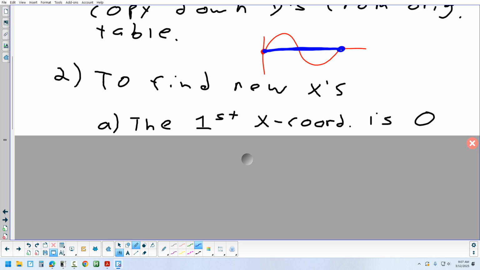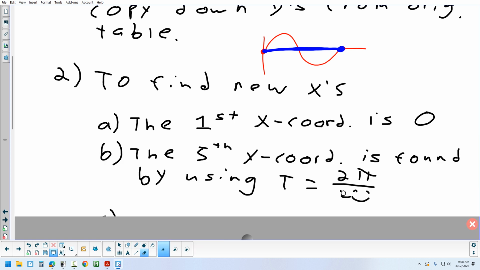Do we have a formula that gives us the length of the period? Yeah, what's the formula? 2 pi over b. So the 2 pi over b formula is going to give us the fifth coordinate, which I'm calling the one at the end. Okay, so that's the first coordinate. That's the fifth coordinate. So the fifth coordinate is at the very end of the cycle. And to find that, use the formula 2 pi over b.